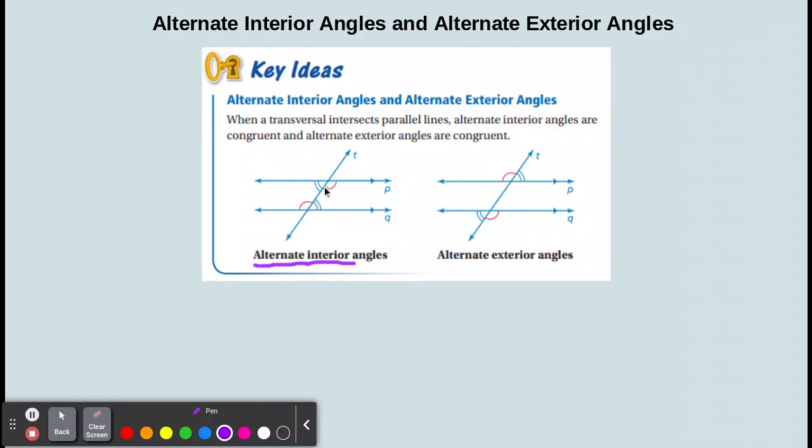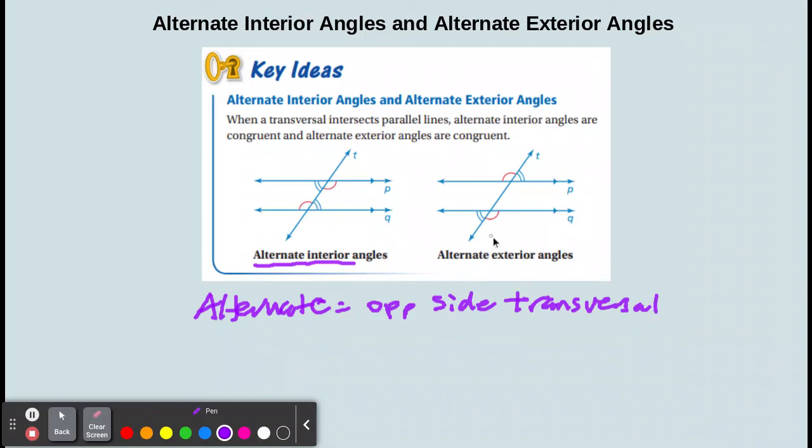That means these red ones here, they're interior because they're inside the parallel lines, and we call them alternate because they are on the opposite sides of the transversal. So alternate means opposite side of the transversal. And then interior and exterior, we know, mean within or outside the parallel lines.